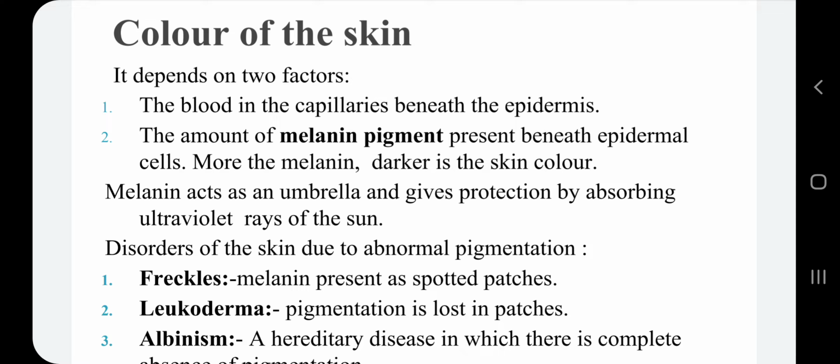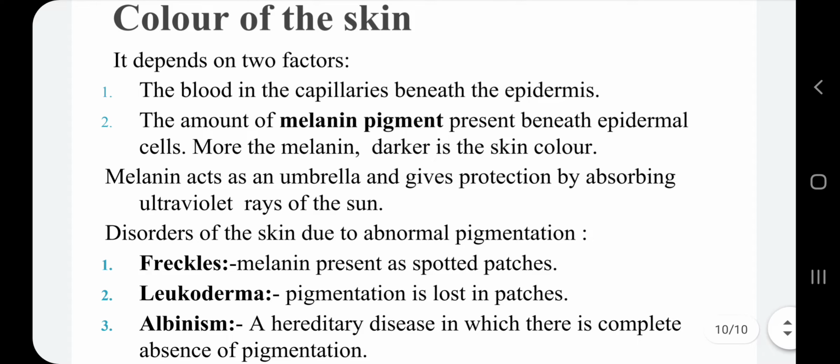And one more factor is present here, which also gives the color to the skin, that is blood present in the capillaries beneath the epidermis. So some people, you must have seen, have a yellowish tone of the skin, some have a pink tone to the skin. That is due to the blood which is present in the capillaries beneath the epidermis. So these are the 2 factors on which the color of the skin depends.